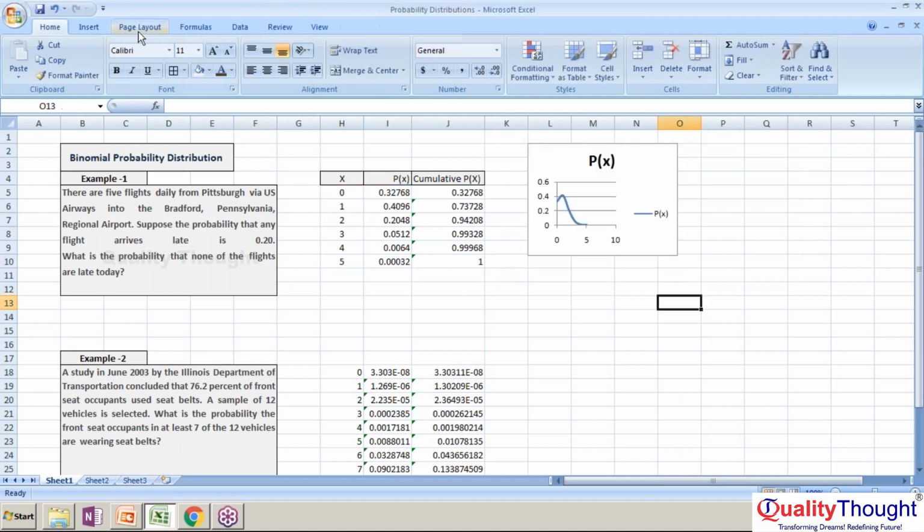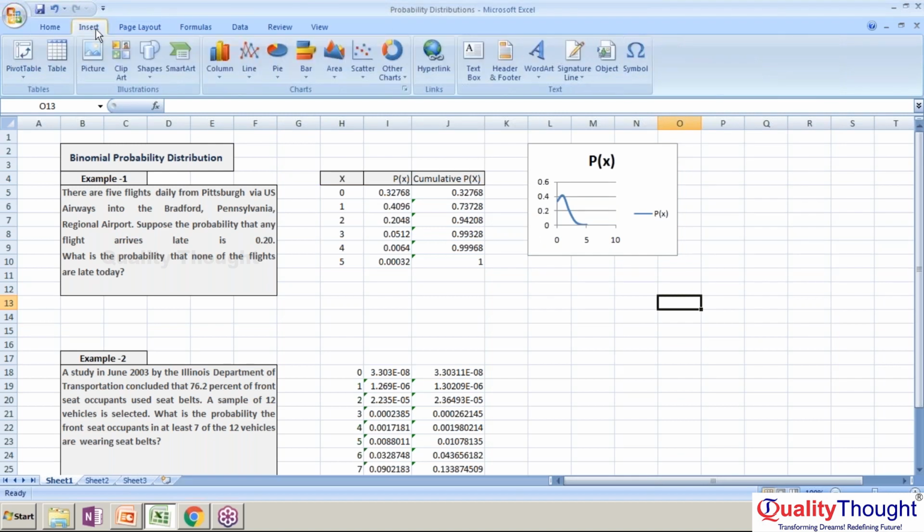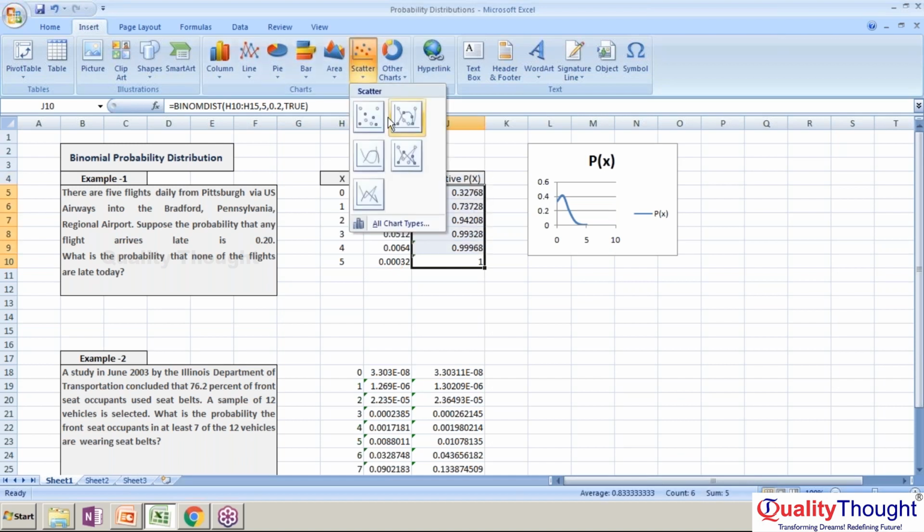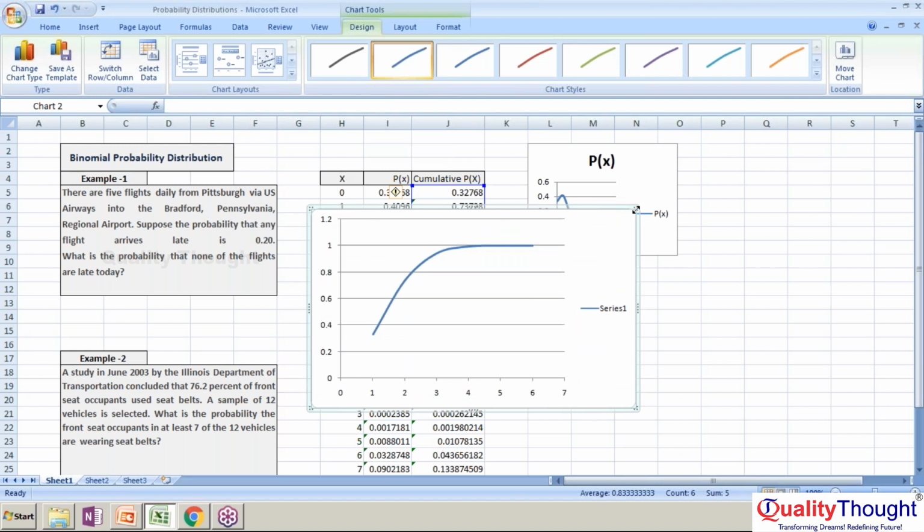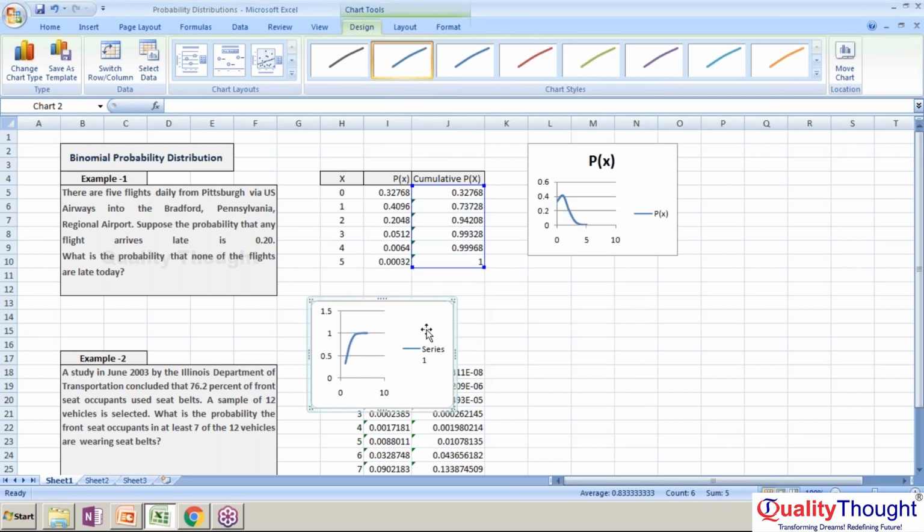One more insertion. I want this one to be represented.